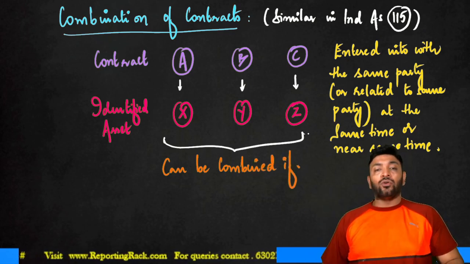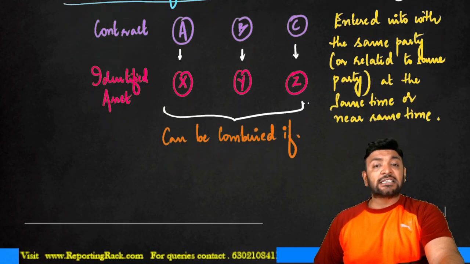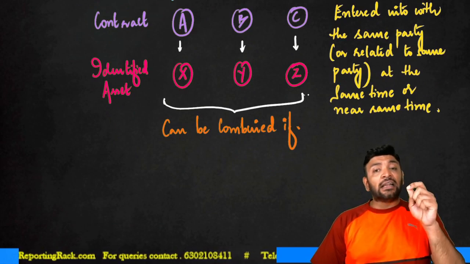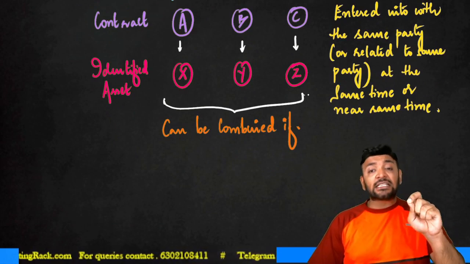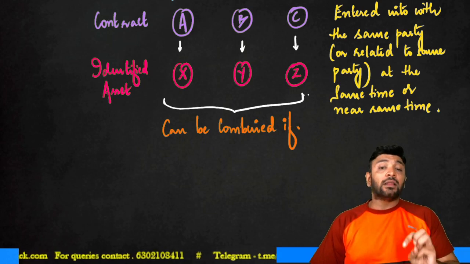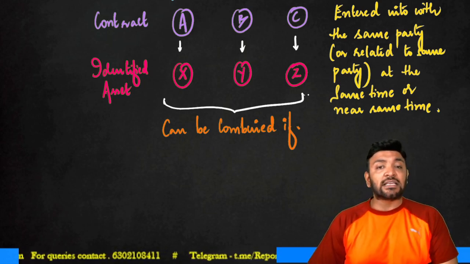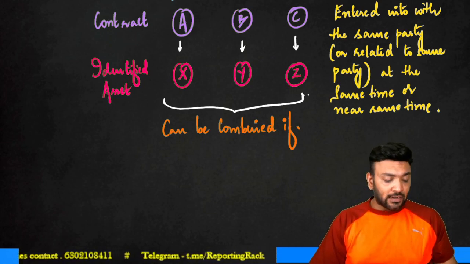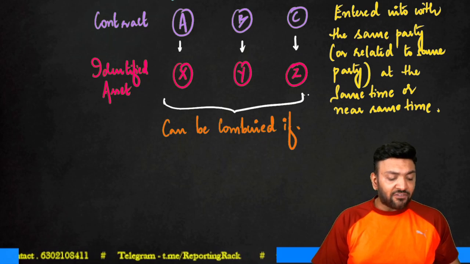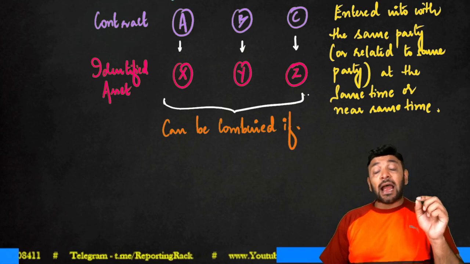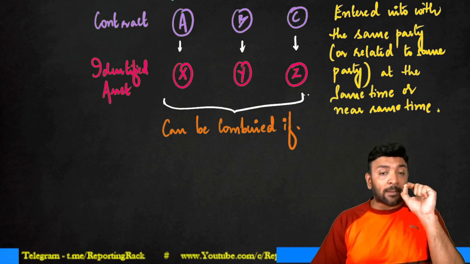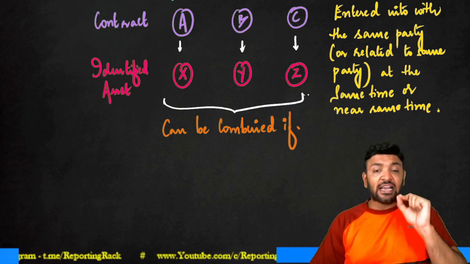What are the conditions necessary to be satisfied for me to combine these contracts if they are entered into with the same party at the same time or near the same time? There are three conditions which are necessary to be satisfied. If I have entered into them with the same party or a relative of the same party at the same time or near the same time, then these contracts are eligible to be combined for the purpose of IND AS 116.